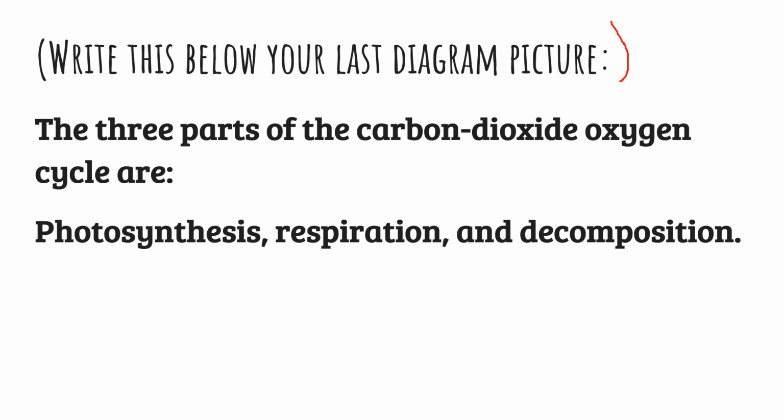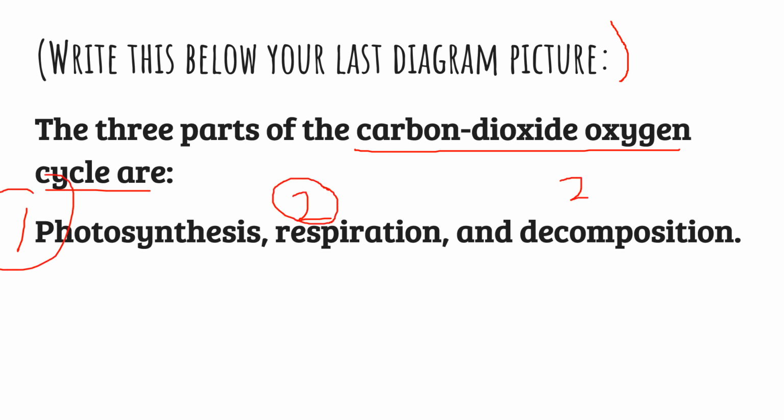I'll show you in a minute what it will look like. But here's the main idea for today. There are 3 parts to the CO2-O2 cycle, and they are photosynthesis, respiration, and decomposition. Those are the 3 parts that when put together make up the CO2-O2 cycle.